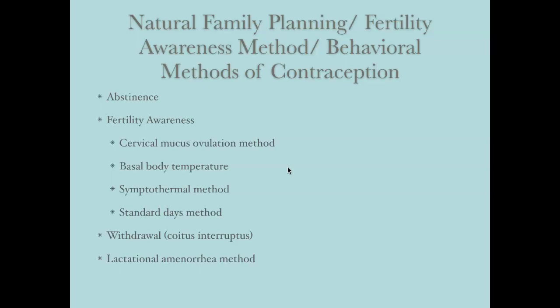So that's where the egg white like comes in. And so in doing that method, the woman has to be aware of those changes in cervical mucus, and potentially may have to touch herself to get a sample of that cervical mucus if it's not apparent from the outside. And so that's going to play a big role if the patient is going to want to be able to do that.